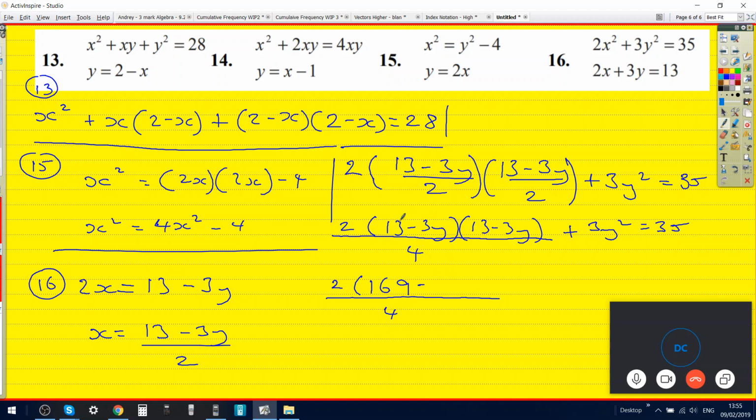No. So 13, then it would be minus 39y in the middle, minus 39y again. Why? So it's just double brackets. So 13 times 13, 13 times minus 3y, like first, outside, inside, last. Okay. And then a minus times minus would be plus 9y squared.